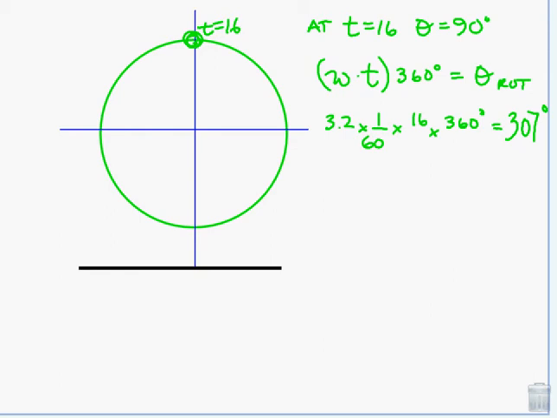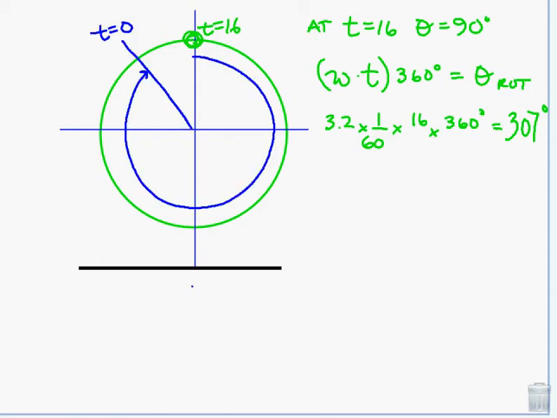So 307 degrees is going to be the rotation backwards from 90 degrees. If I go backwards from 90 degrees, I get to my t equals 0. So I have to go back 307 degrees, and that yellow portion right here is going to be my 307 degrees of rotation from the vertical point.